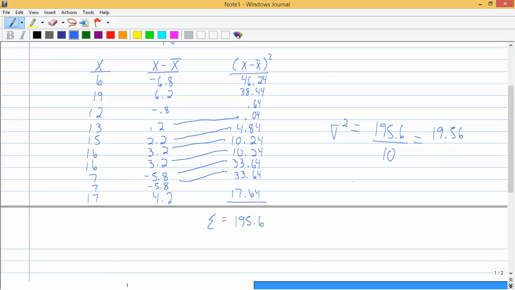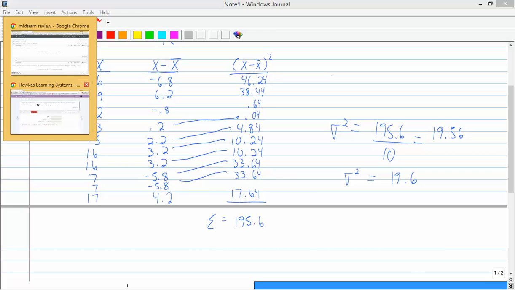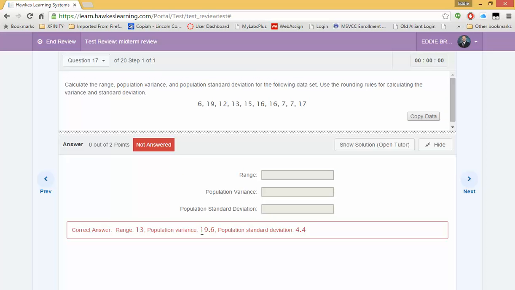So we have our population variance is going to be 19.6. Okay, so let's look and see. Was that what we had? Yep, 19.6.